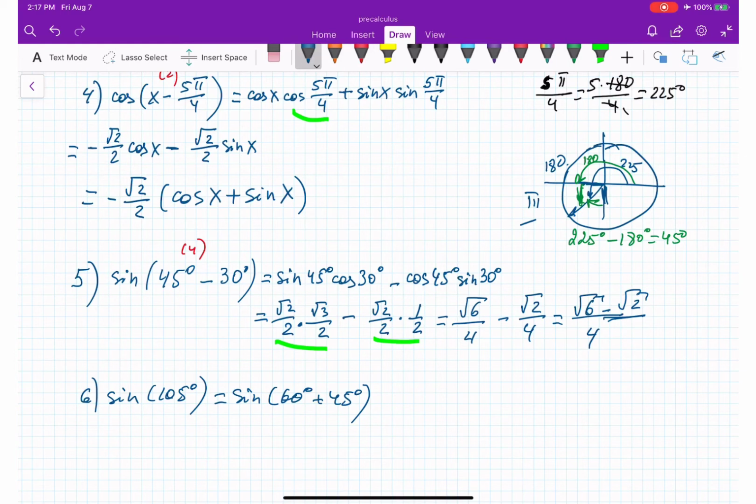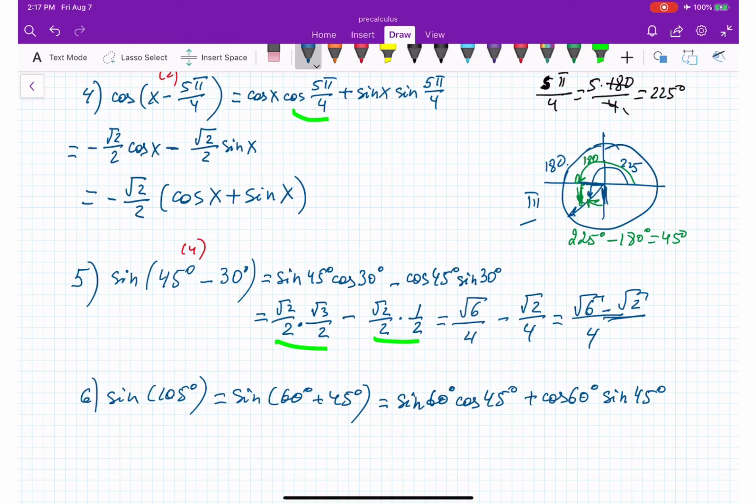And we have sine 60 degrees, cosine 45 degrees, plus cosine 60 degrees and sine 45 degrees. Okay, so what do we have to do from here?